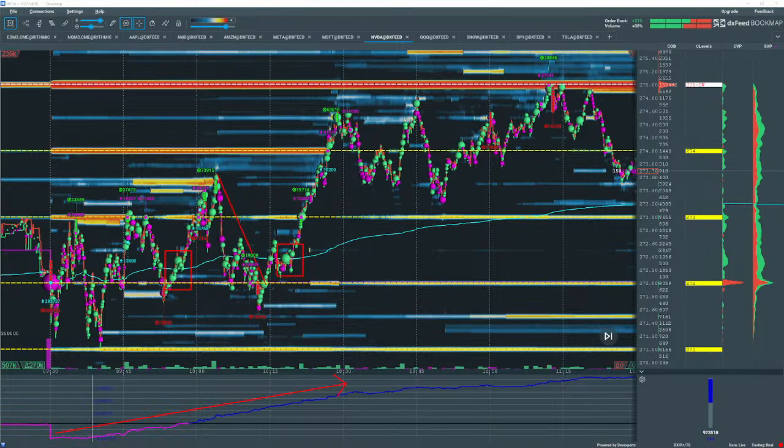There was a retest of VWAP and then a move up to the primary target at the 275 call wall, which did act as resistance in this case, as expected.